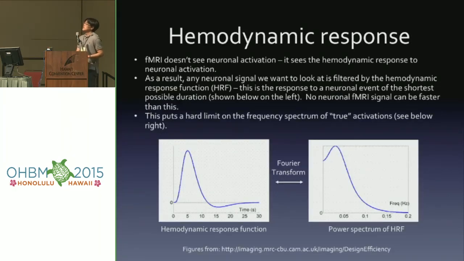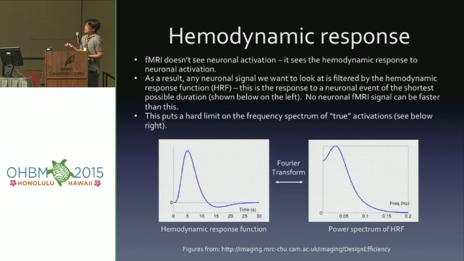Okay, so as I said, fMRI does not see neuronal activation directly. It sees the hemodynamic response to neuronal activation. In mathematical terms, it means your neuronal signals have to be convolved with the hemodynamic response function, and the resulting signal will be your BOLD fMRI signal. This hemodynamic response function puts a very clear limit on how early you can see the neuronal signal and how small a signal you can see.